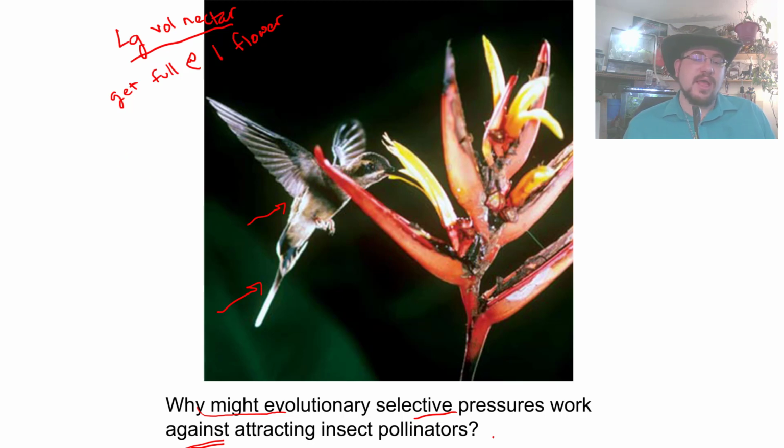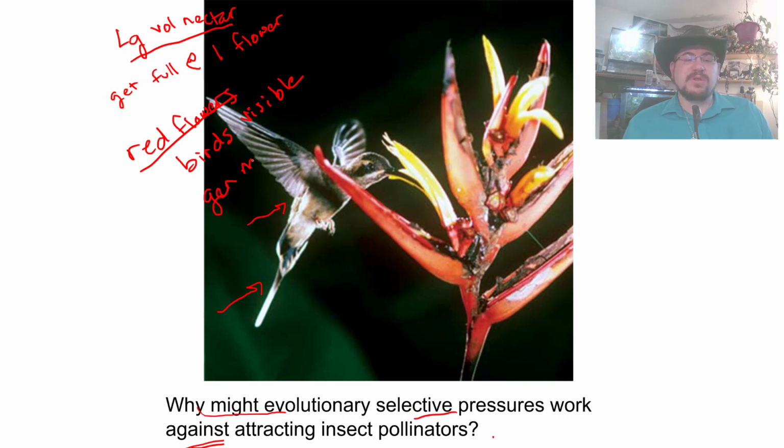So, for instance, red flowers, right? Red is a color spectrum that birds can see. It's visible to avian dinosaurs, but generally not visible to insects.